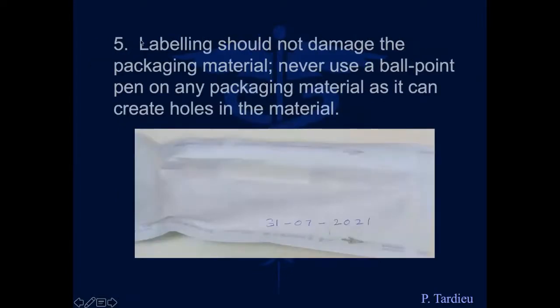The main mistake is number 5, and this is written in the DHA. It's not our system, it's the DHA that asks for this. Labeling should not damage the packaging material. Never use a ballpoint pen on any packaging material, as it can create holes in the material.